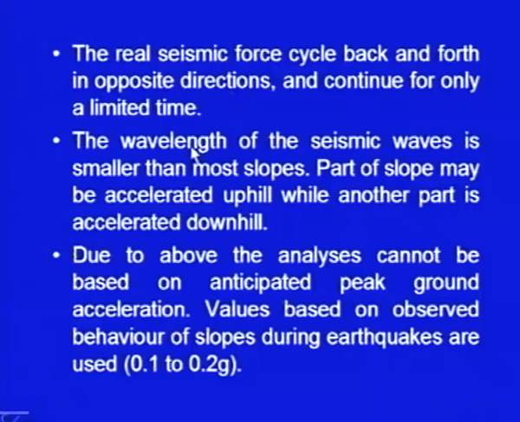And secondly, the wavelength of the seismic waves is smaller than most of the slopes, and part of the slope may be accelerated uphill while another part is accelerated downhill. So, one part may be accelerated in one direction, and another part in the other direction. So, the assumption which we made, that all the slices have the force in the same direction, is not valid, and this is the reason we get highly conservative results using this method.